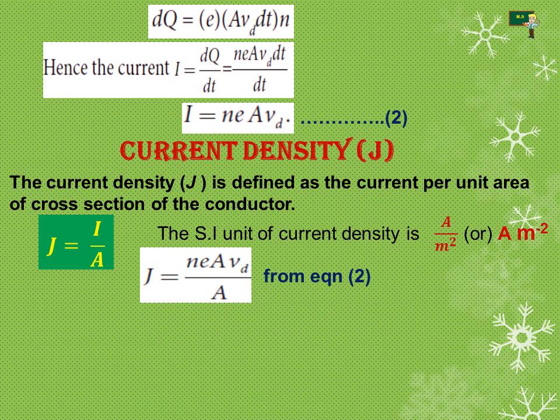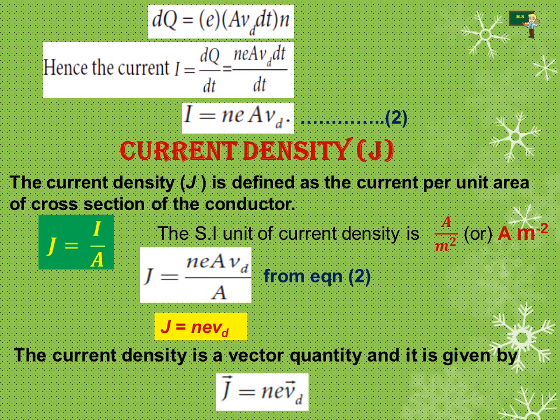So if, instead of I, you substitute the value of I from here, nAeVd divided by A, you can cancel this A. Then from equation 2 we get J is equal to n e Vd, and the current density is a vector quantity, given by J vector is equal to n e Vd vector.